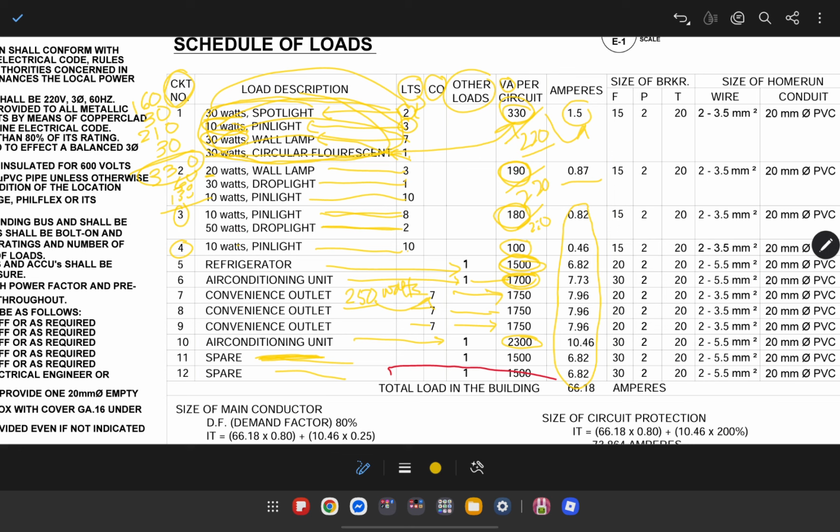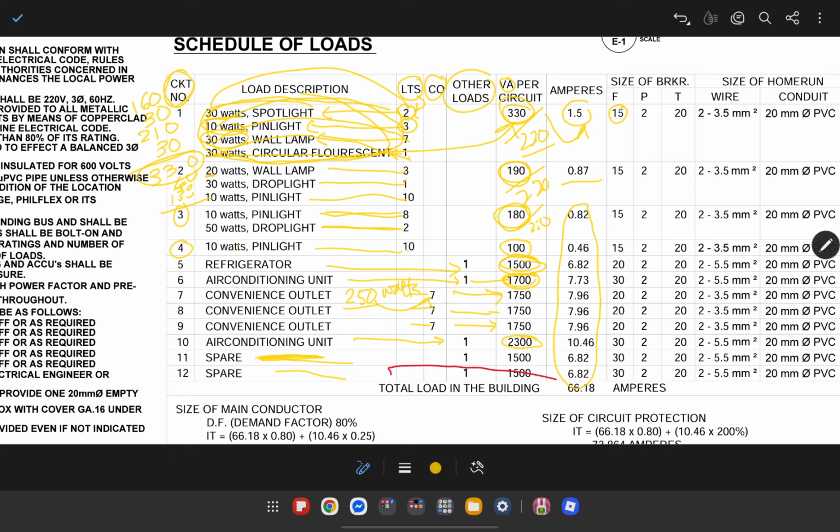Okay. So after getting the amperage, that's the time we do the sizing of the breaker. The usual size used for lighting circuit breakers is around 15, but again this will depend on the number of lights or the wattage of the lights attached to this circuit.